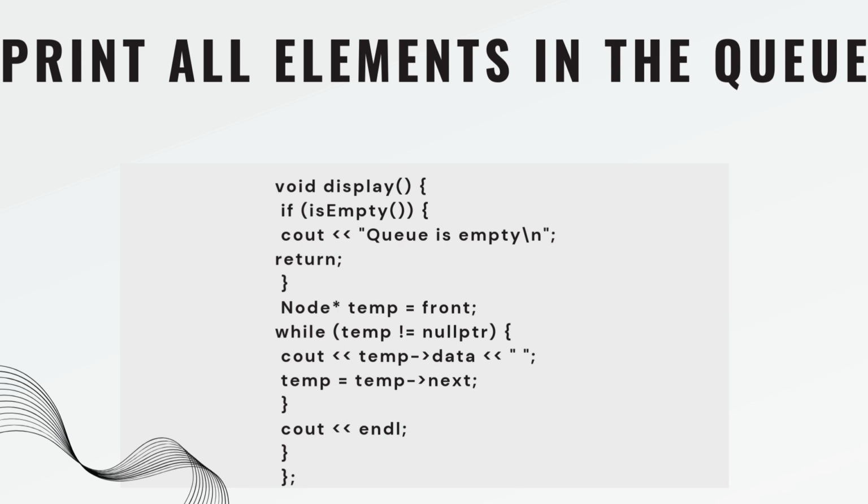So the display method prints all the elements in the queue by traversing from the front to rear.